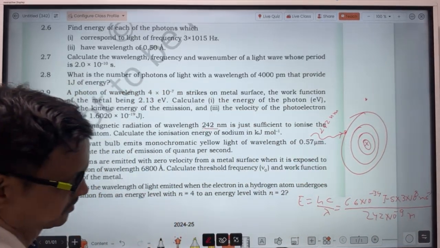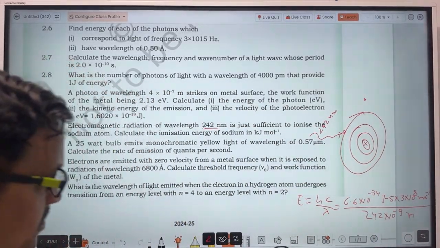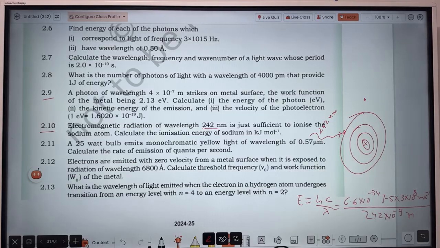So we calculate 6.6 into 3, divided by 242.